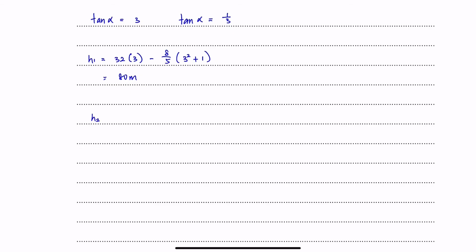And for the second value of tangent alpha, we have 32 times 1 over 3 minus 8 over 5 times 1 over 3 squared plus 1. So this is equal to 80 over 9 meters.